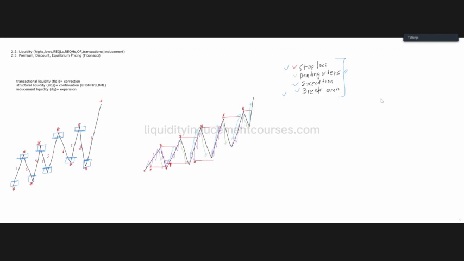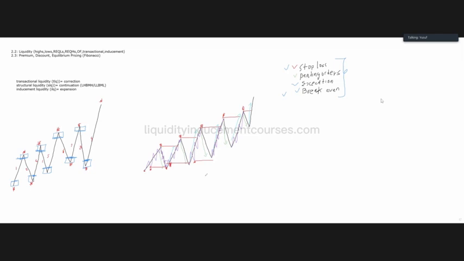Good. So this is to show you that when you have your structural liquidity level marked, don't always wait to say, oh, price is definitely going to come to that place and reverse. No, don't do that. Price may come, price may not. It is until price comes there, then you react.